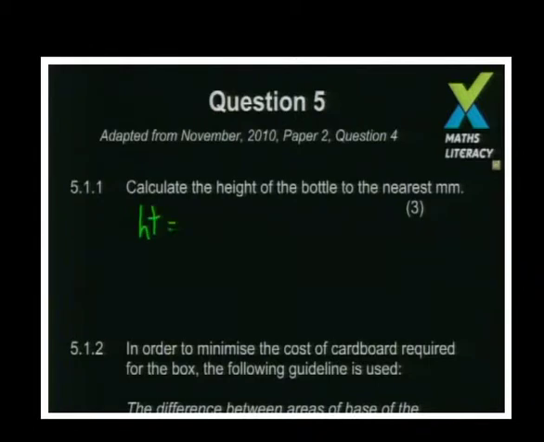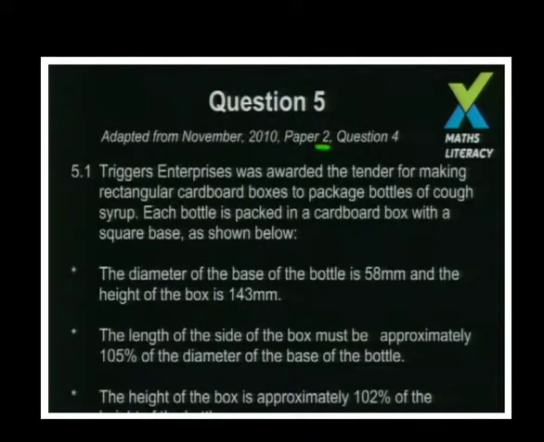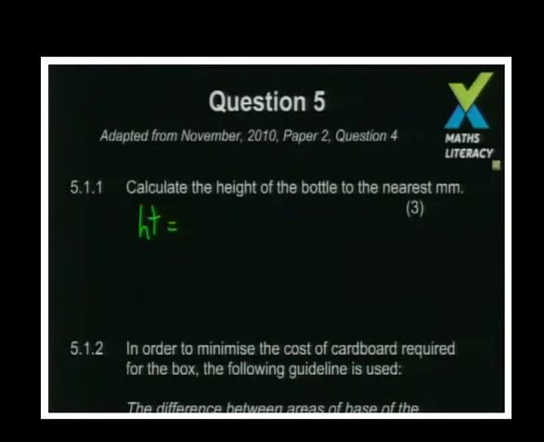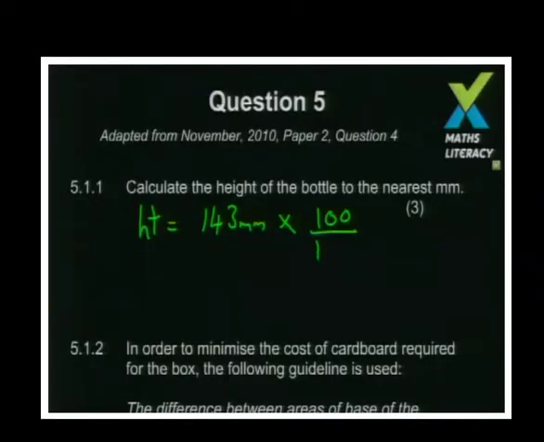So how do we do this? The height of the box we know is 143 millimeters. Now, we're trying to find the height of the bottle. I can do one of two things, and I'm going to put both down and see which makes more sense. I can say 100 divided by 102 or 102 divided by 100.